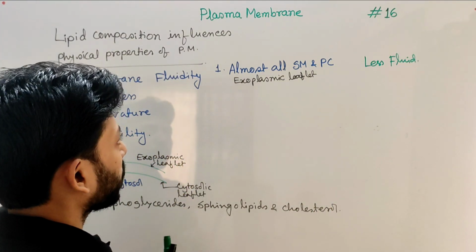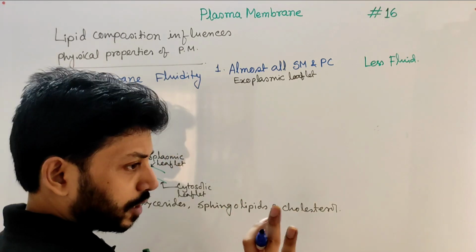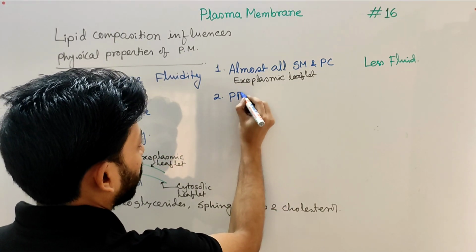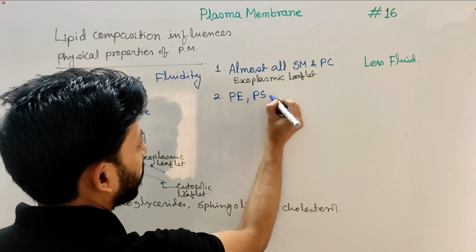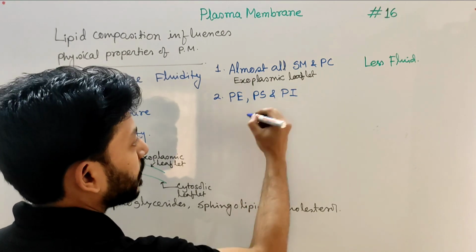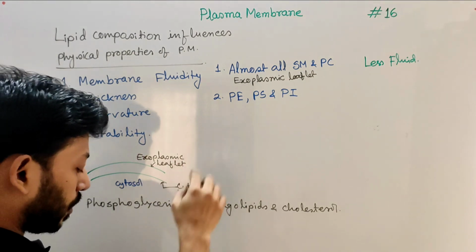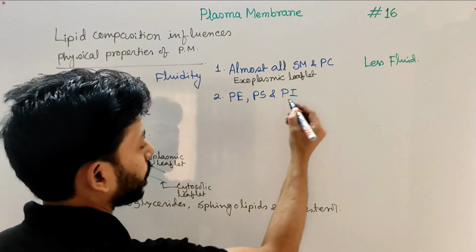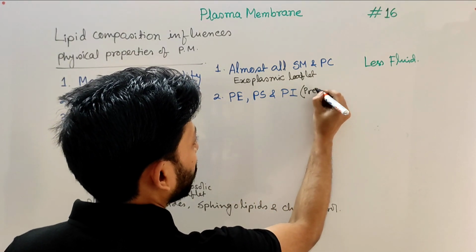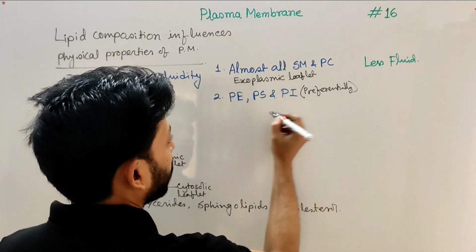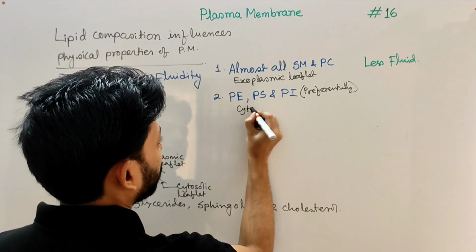Another point we can remember about lipid composition is that phosphatidylethanolamine, phosphatidylserine and phosphatidylinositol, these three lipid molecules fall under phosphoglycerides. Now they are preferentially, remember the term, preferentially present in the cytosolic leaflet.